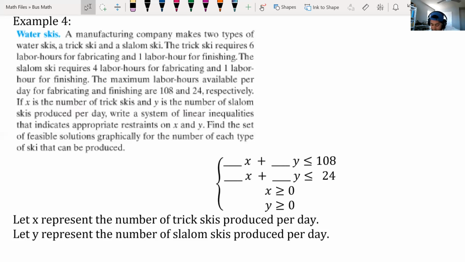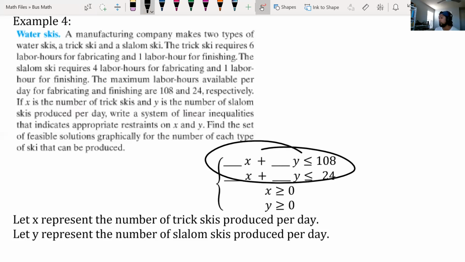Okay, so X is the trick ski, Y is the slalom ski, and there are 108 hours for fabricating. The trick ski has 6 labor hours for fabricating, which fills out the first inequality: blank X plus blank Y less than or equal to 108. X represents the trick ski, and the trick ski requires 6 labor hours.